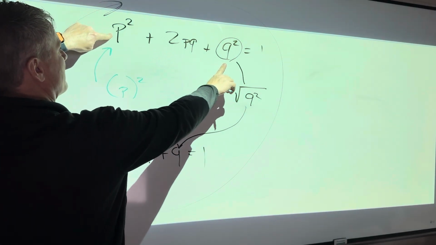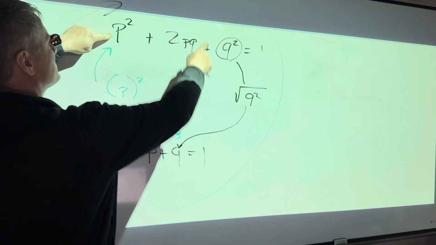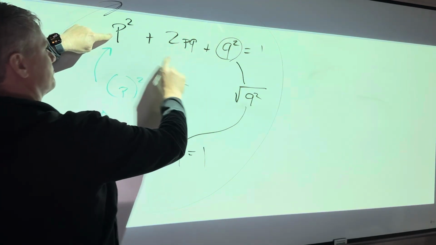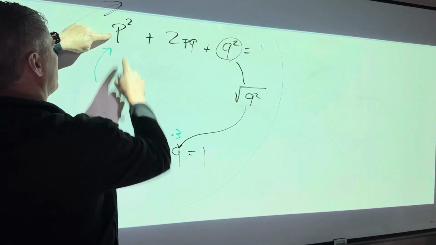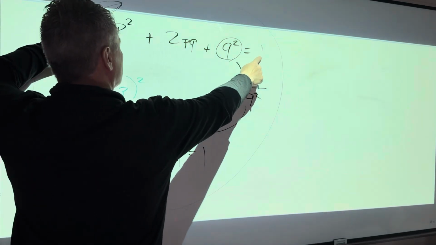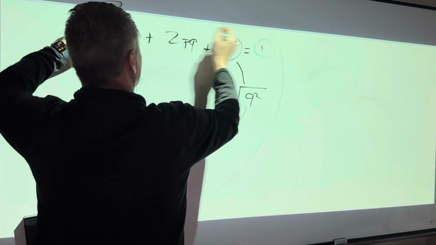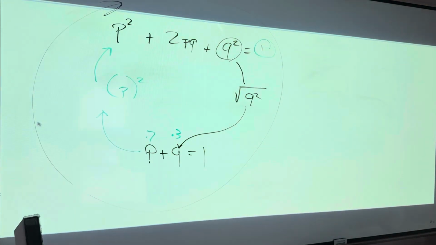Remember, this plus this has to equal 1. They probably won't give you this one, but you'll have to do the addition. Find this, add it up. It's got to equal 1. Write whatever that answer is up there, and you're done.